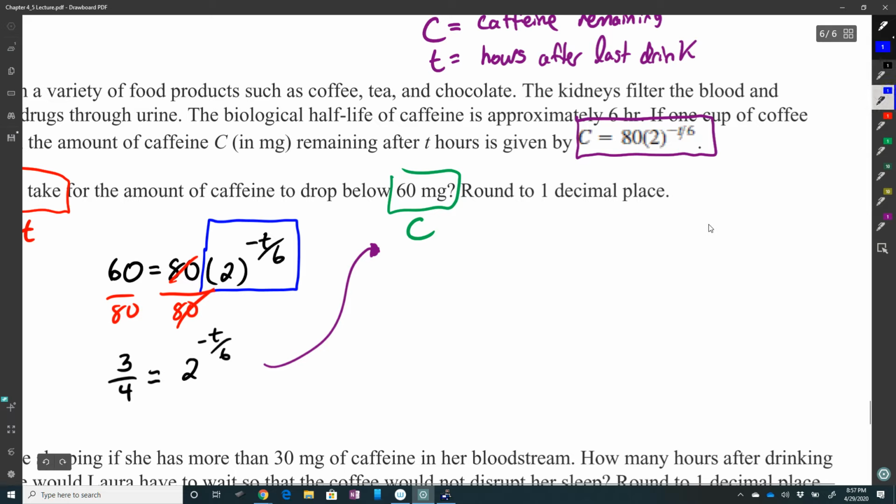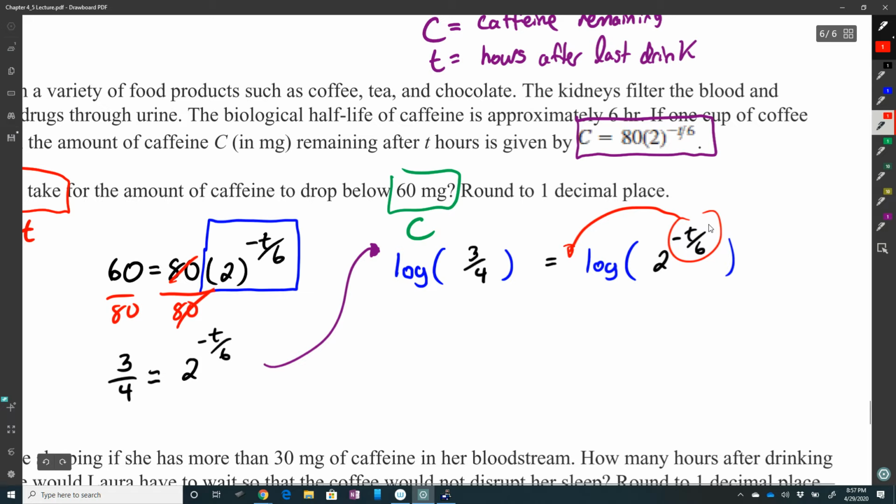So if I log both sides, I end up with, here's the 3/4, 2 to the negative T over 6. That allows this number to come to the front. So log of 3/4 equals negative T over 6 times log of 2.